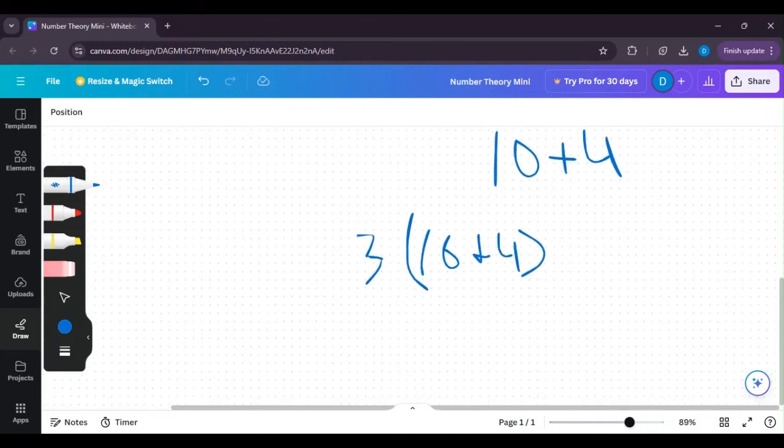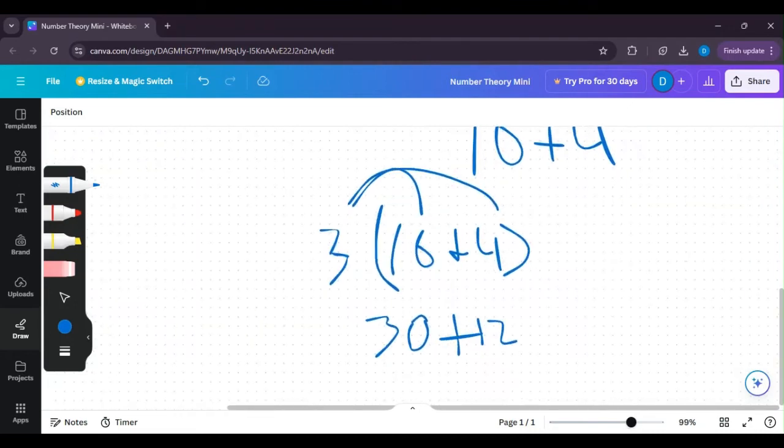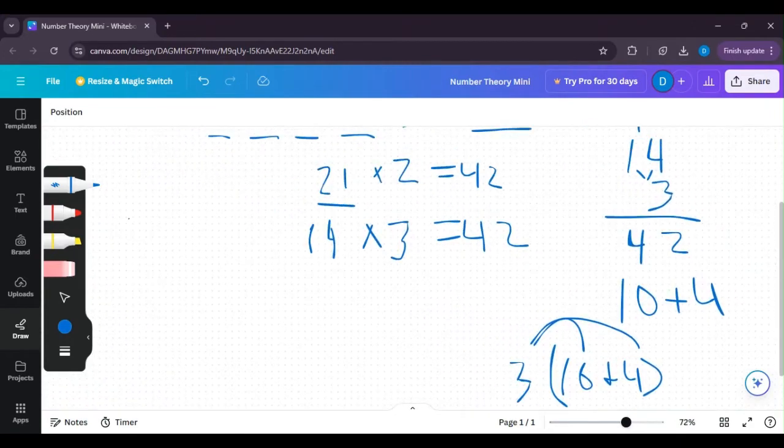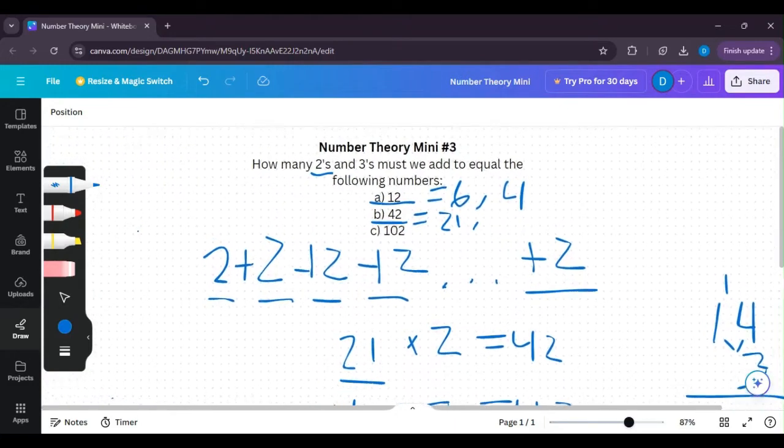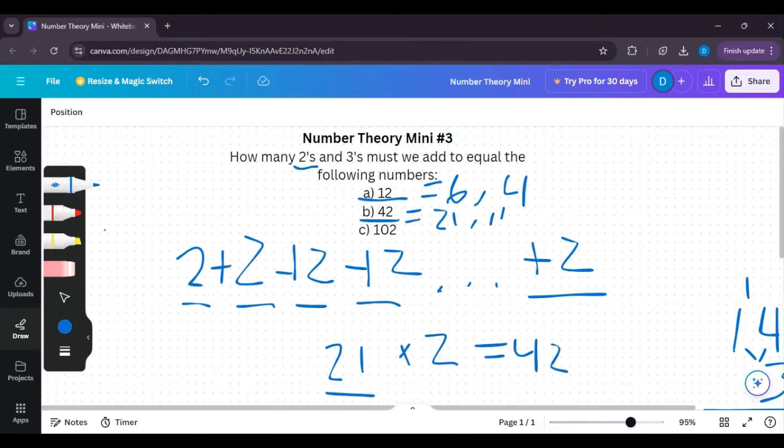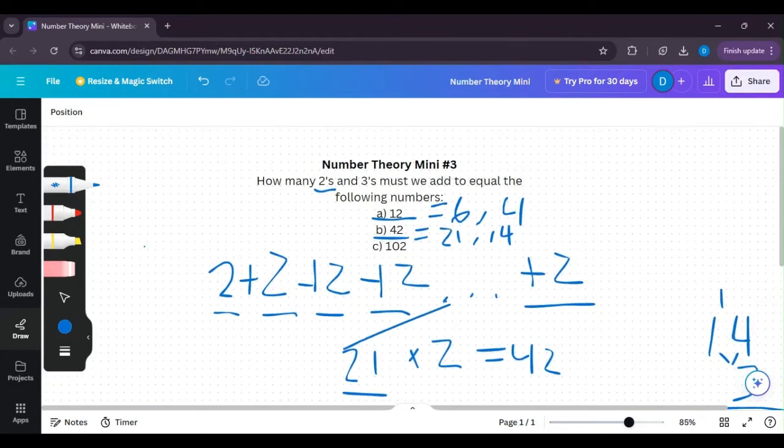And we can see that when we multiply by 3, we can first multiply 3 by 10, and then 3 by 4, which is 12. So 30 plus 12, which is equal to 42 as well. So we know the answer for the second part of B is 14. And this is how multiplication works.